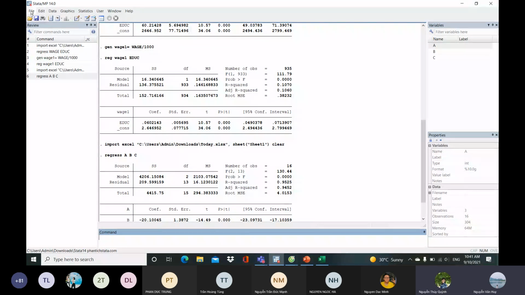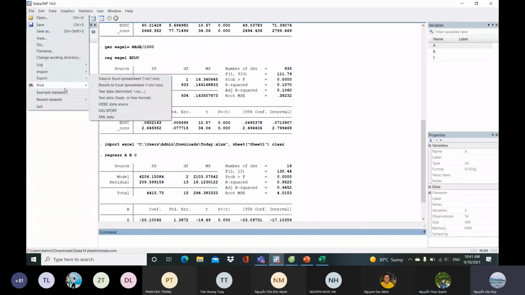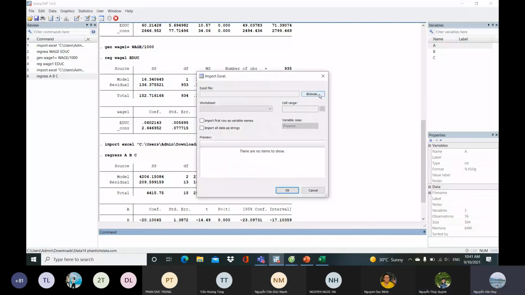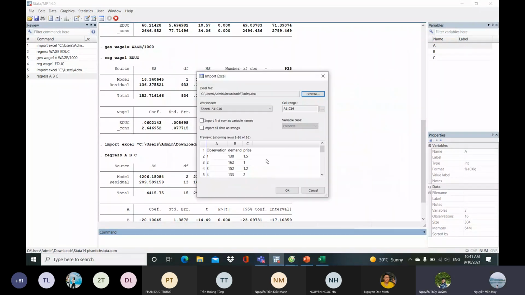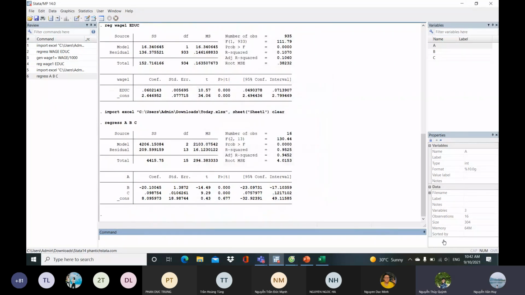Yeah. First, I will import the data. Clear the data you have here first, or you can close this session and open a new session again. Okay, teacher, wait a minute.